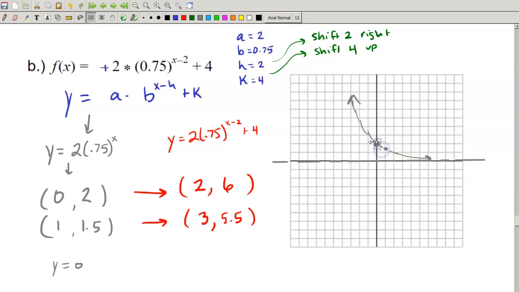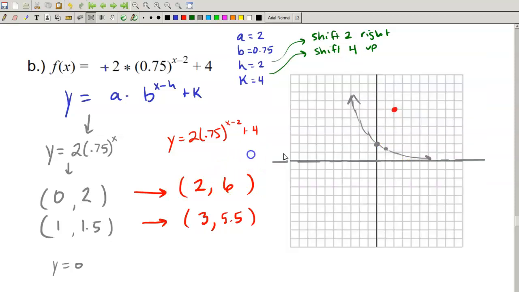So again, let's show that visually. I have 0, 2 is my original point over here, but now I'm using my h and k value. I'm going to shift 2 to the right, up 4, 1, 2, 3, 4, which should be at the point 2, 6. So 1, 2, 3, 4, 5, 6, and yes it is.